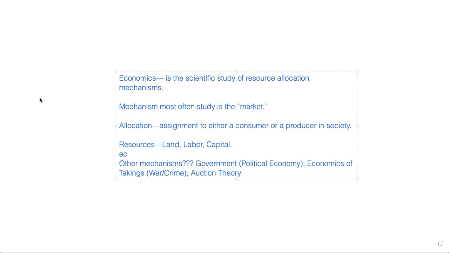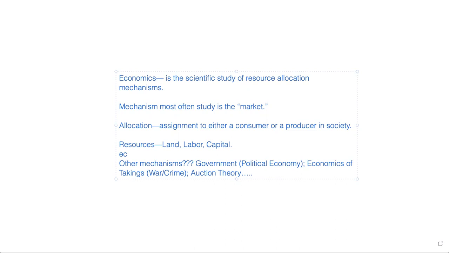And hopefully everybody understands that the goal in the big picture sense is to understand not only how these mechanisms for allocating resources work, but also when some are good and some are bad.